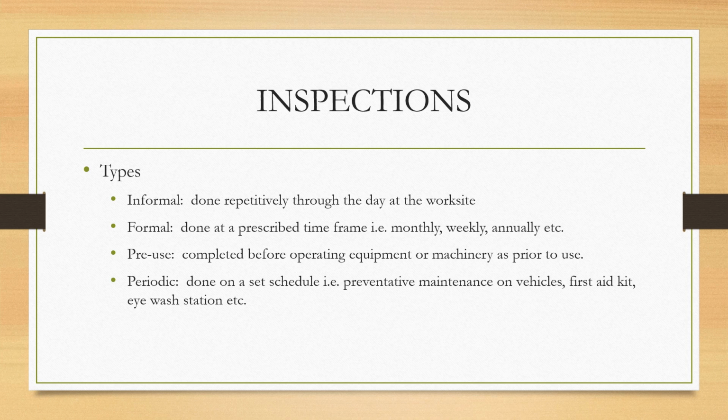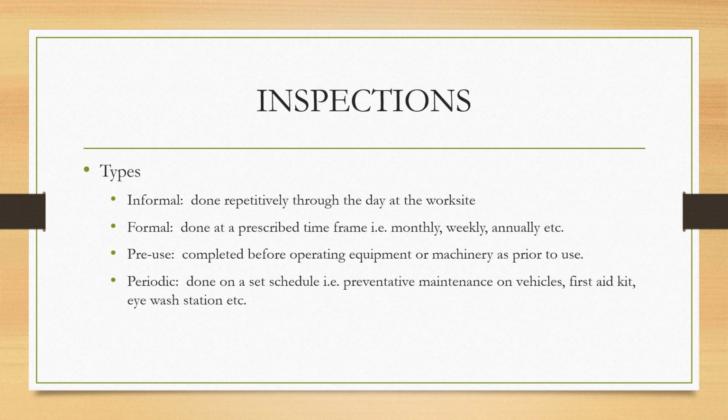The first is informal. This type of inspection is completed repetitively throughout the day. It does not usually create any paperwork. Formal inspections are inspections that have a prescribed time frame. Pre-use, or sometimes called pre-trip inspections, are completed before operating equipment or machinery as per manufacturer's specifications.